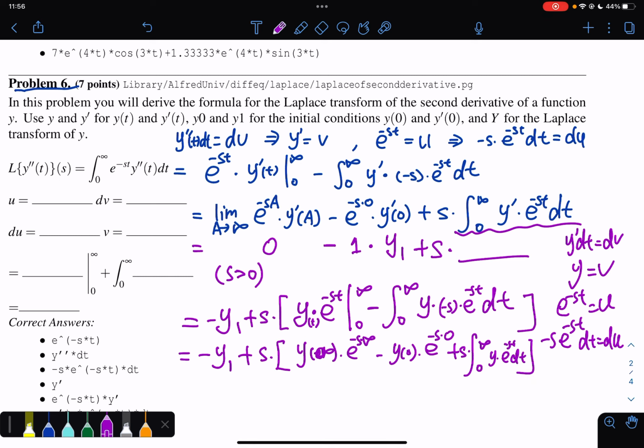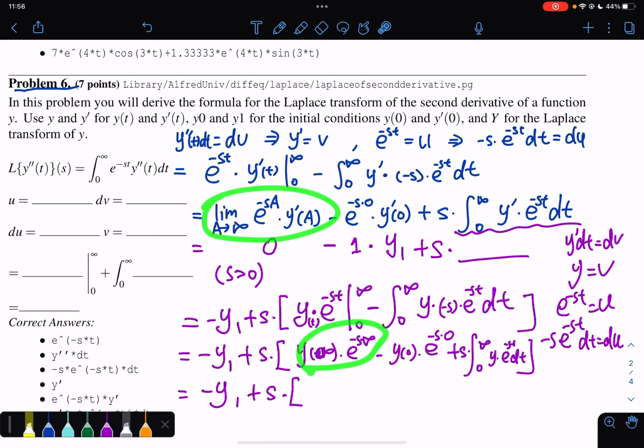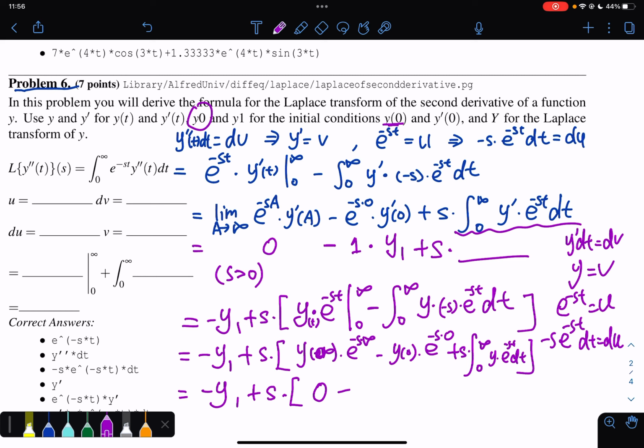So it's negative y1 plus s multiplied by this, the same idea as my discussion before. When s is positive, this is 0 times a finite number, so I end up with 0 minus y of 0. According to the problem, y of 0 is written as y0. E to the 0 is 1.